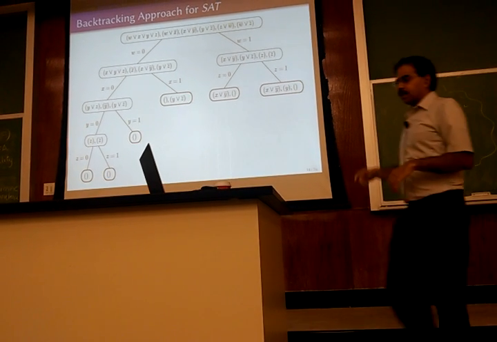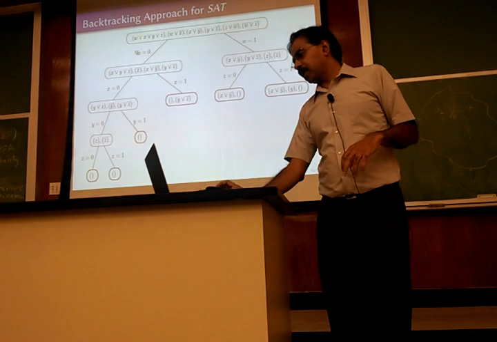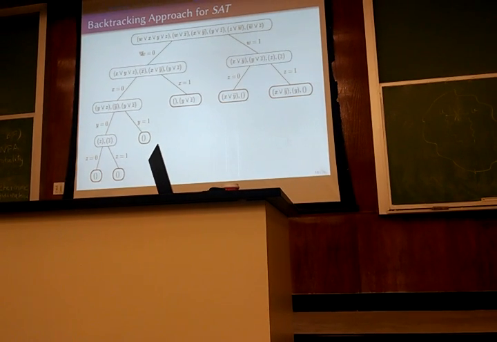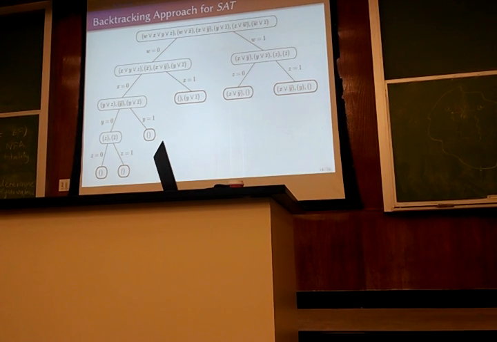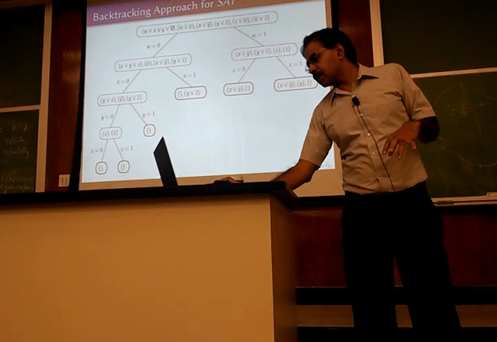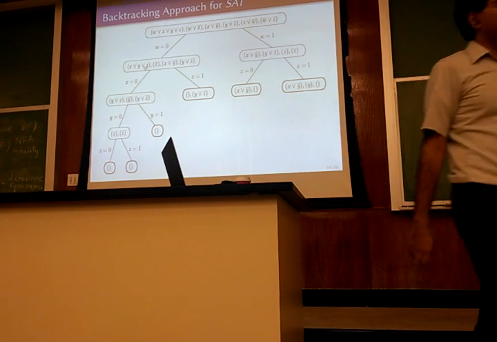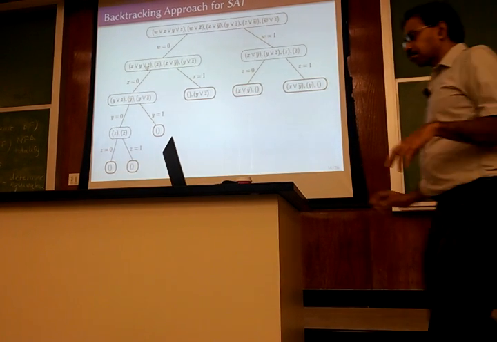So once you set W equal to 0, then you can simplify the clauses that have W, right? Because you can basically say, okay, I can just delete W from there. So this clause W or X or Y or Z becomes X or Y or Z because W is false, right?